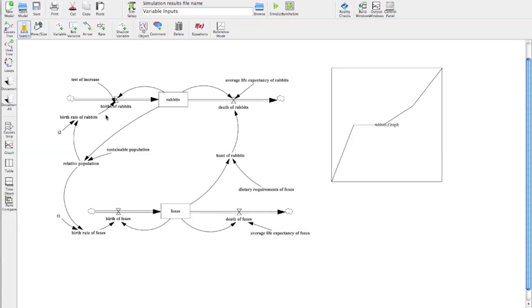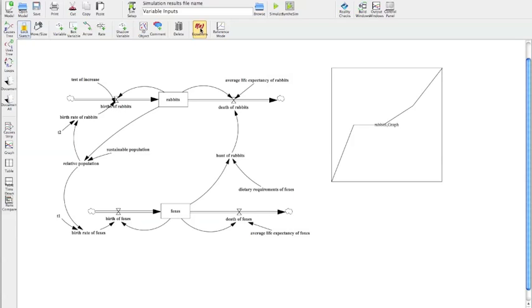Let's start with the rabbits, and the rabbits have a rate of birth and a rate of death. The birth rate of the rabbits in this model had the specific intent of inserting a disturbance into the system. I'm going to explain what that is.